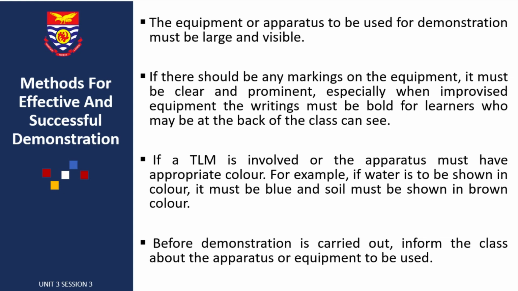So if you want to demonstrate diffusion by using potassium permanganate, or you want to demonstrate that the various vegetables, fruits and seeds, the organic ones, are acidic or basic, you get your various litmus papers, a blue litmus paper and a red litmus paper.